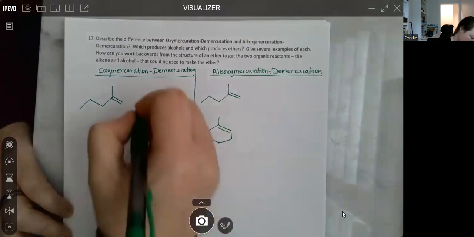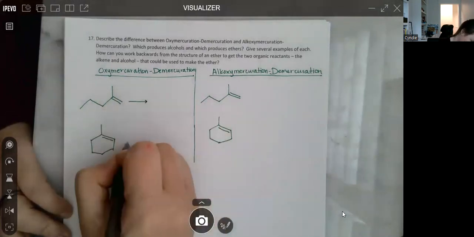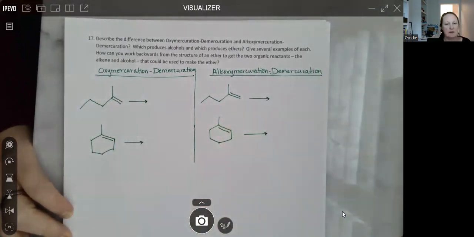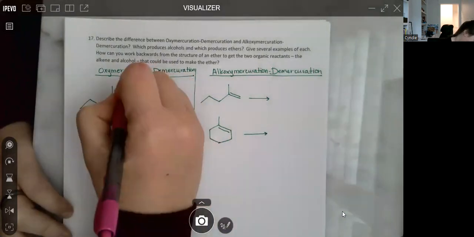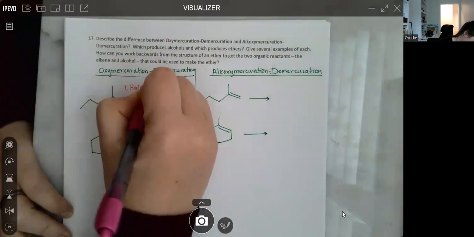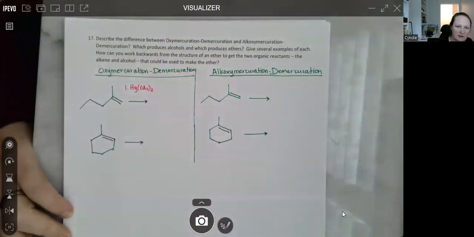And then we're going to look at the differences and similarities in the reagents, and then the differences in the products. If we are doing oxymercuration, demercuration, we will be using mercuric acetate and water.